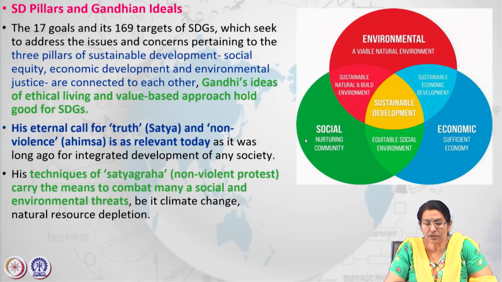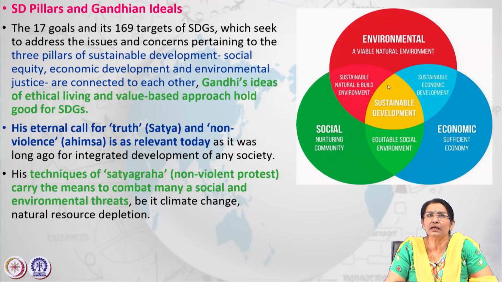Then in nurturing social development, Gandhiji's Swachh Bharat, a clean community, nurturing the community. Then economic, a self-sufficient economy in terms of self-sustainability in food, then education and health, and an equitable social environment in terms of justice.